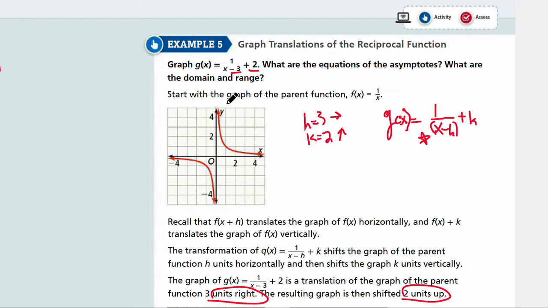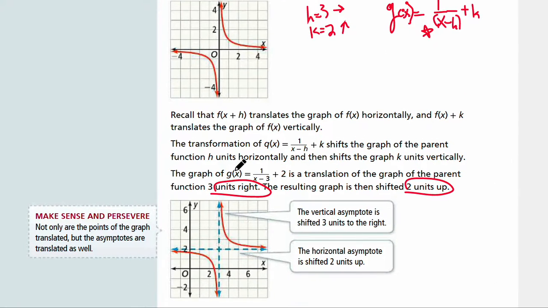So your asymptotes and everything moves up 2 units and 3 units right. So then you'll have a graph something like this. It's exactly the same. You're just moving your asymptote and your entire graph 3 units to the right and 2 units up exactly.